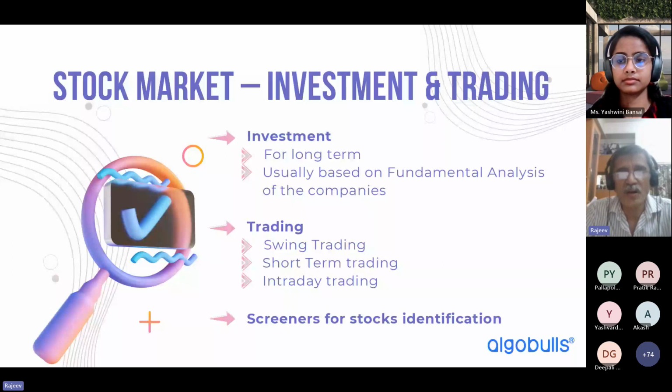Some of them would have bought Infosys in the IPO or Tata Steel or Reliance and the likes of those, and they are holding on to it, and they have become real blue chips now. That's the kind of area where we say that it's an investment. You hold it for a longer duration with an objective of capital appreciation. You don't really buy and sell every now and then. It's essentially for a long-term duration.